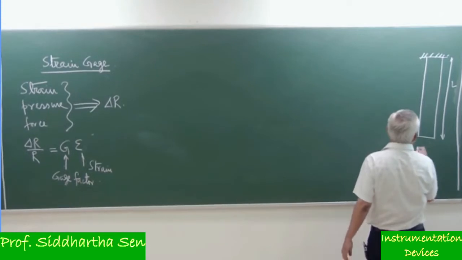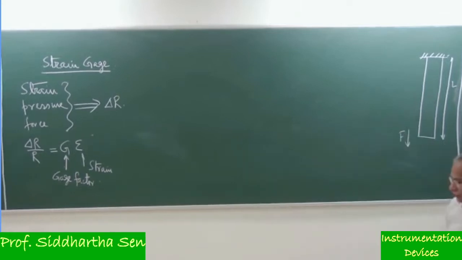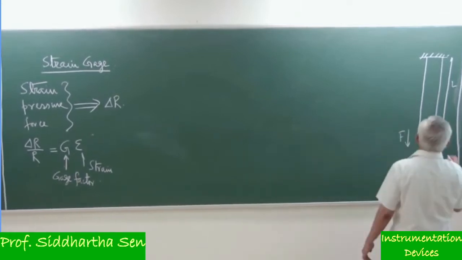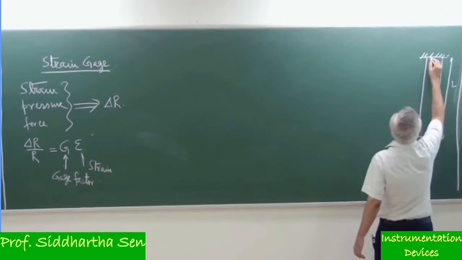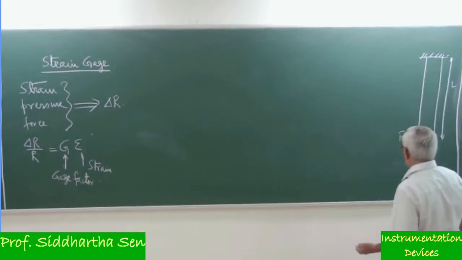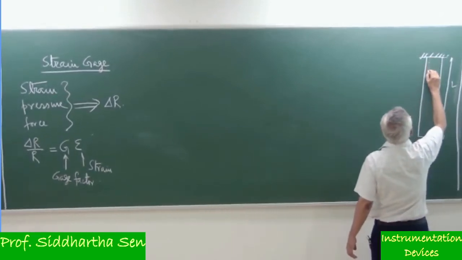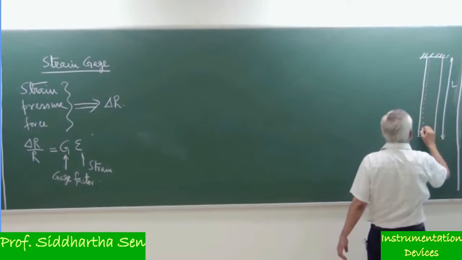The length of the long wire will increase, and at the same time, because the volume has to remain constant, the wire will become thinner.